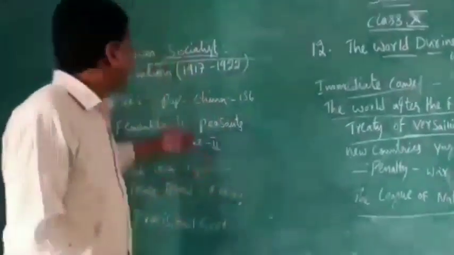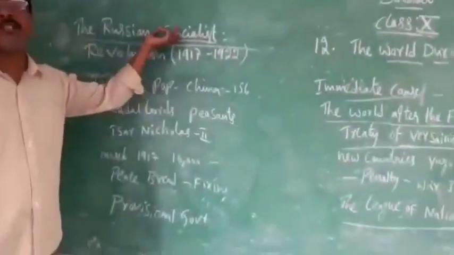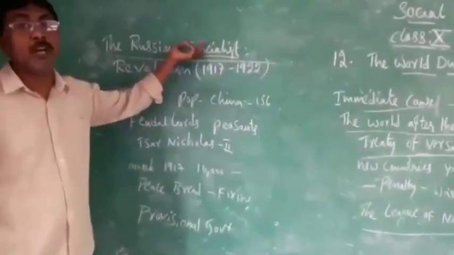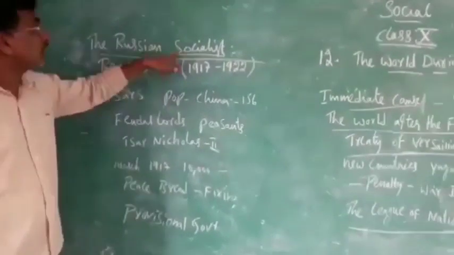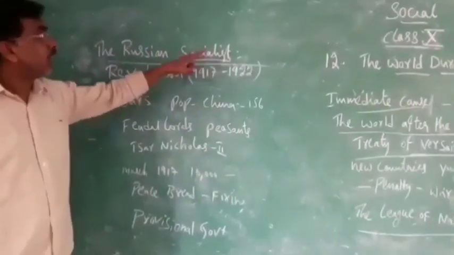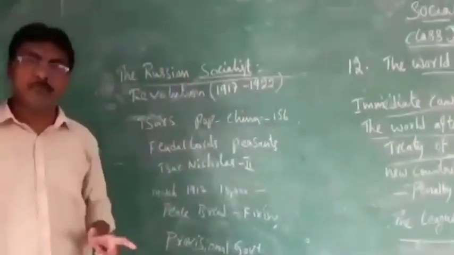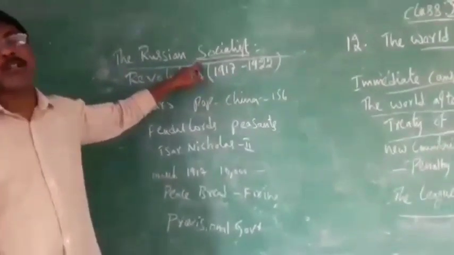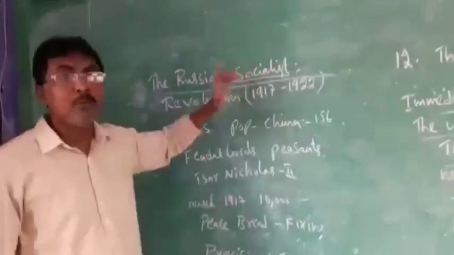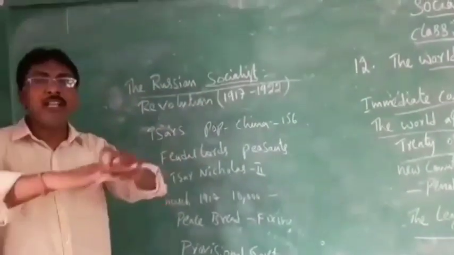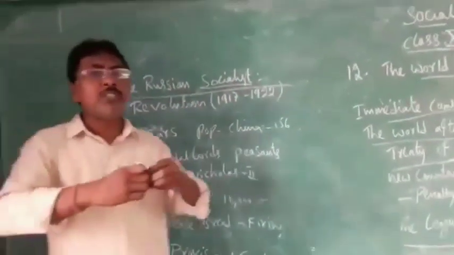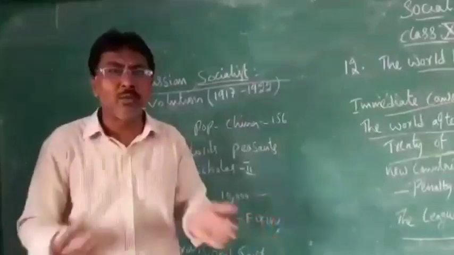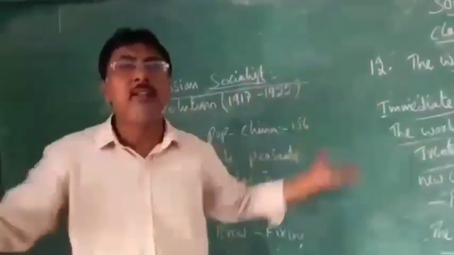That's why Russia established socialism, the communist party. You should know that communist and socialist have the same meaning. Communism or socialism, both mean the same: the wealth is shared equally among all the people.